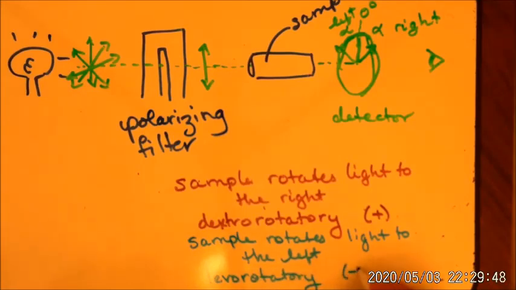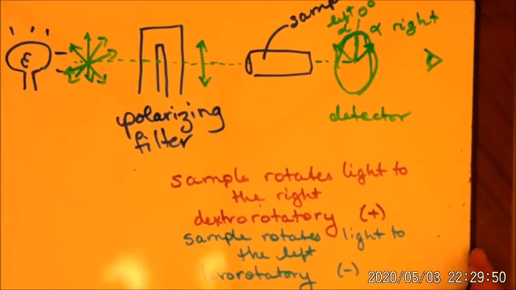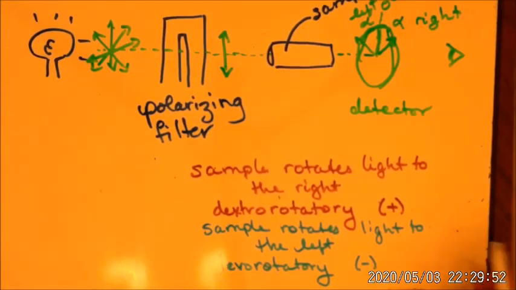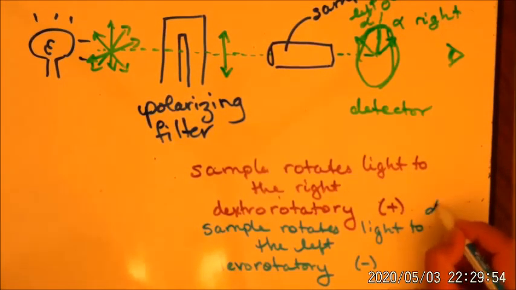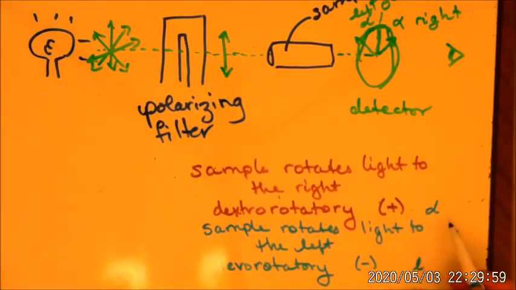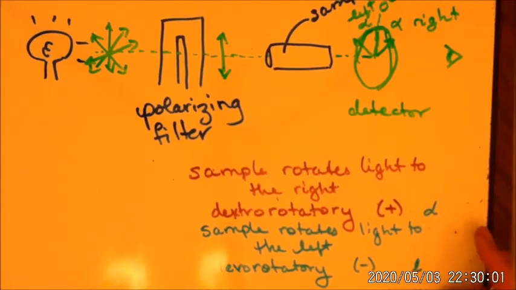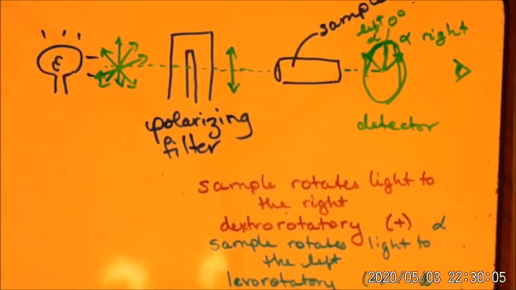You can see we designate it with a negative in parentheses, or you can see it as an italicized D or L. So plus or D means it's dextrorotatory. Minus or an L tells you it's levorotatory.